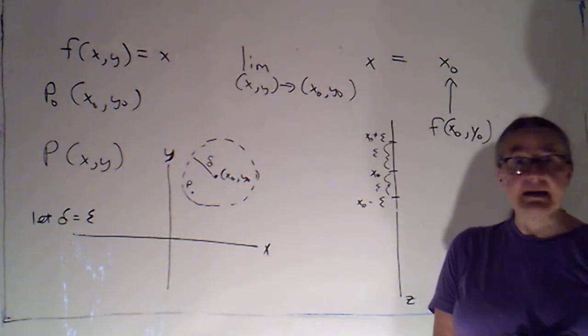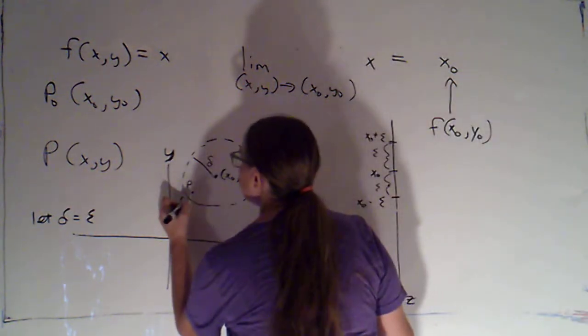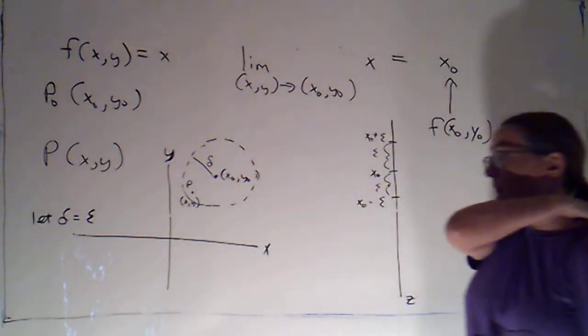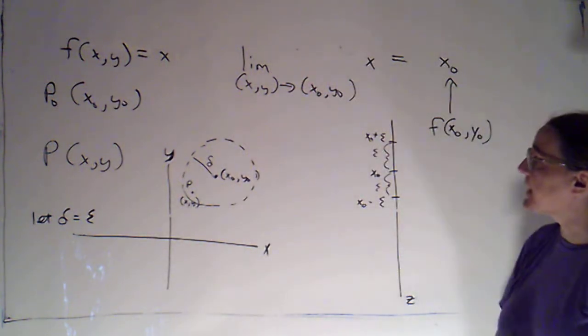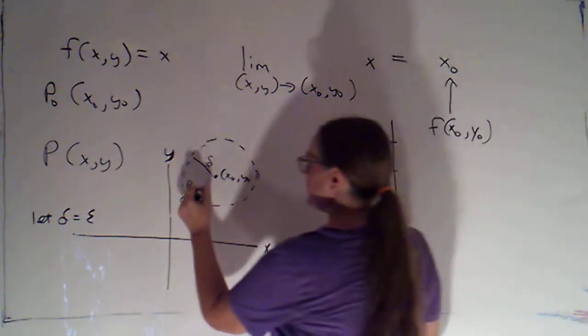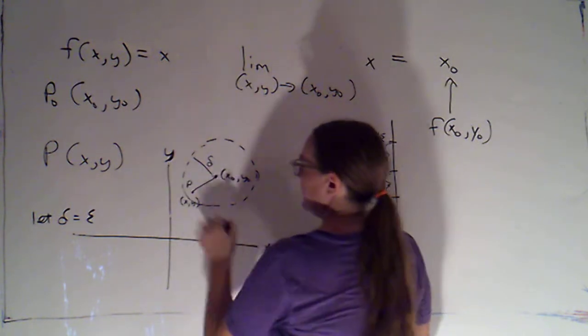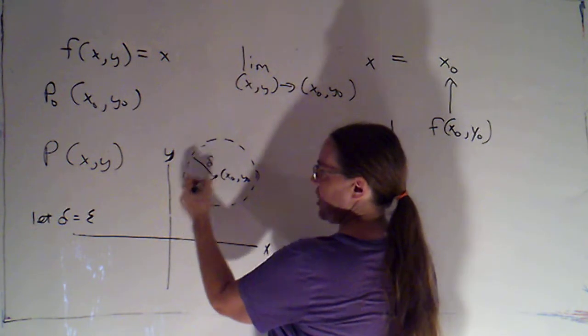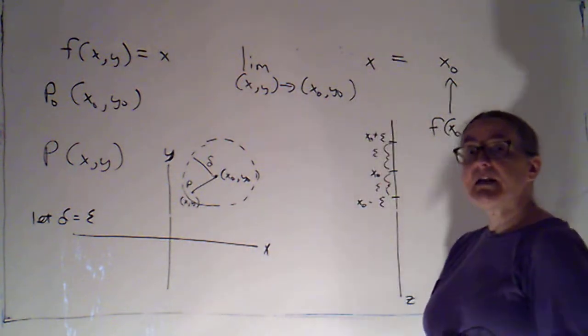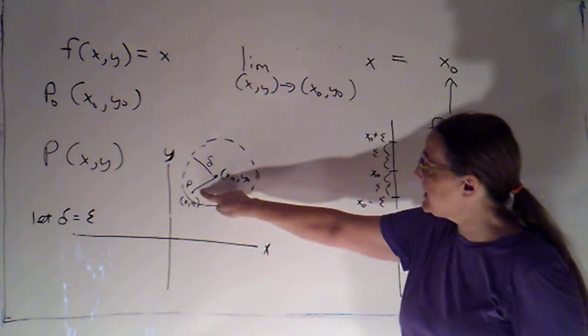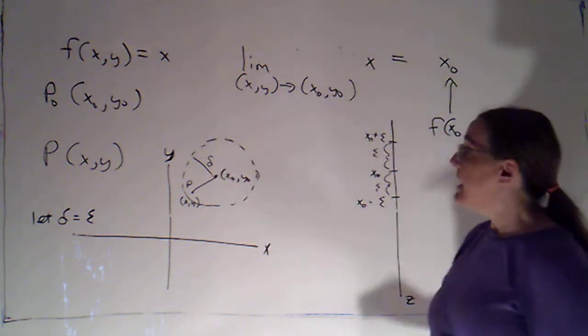So now I can see if I have any point P, whose values would be x, y, I can now see that this side of the triangle right here would be the distance between P and P naught.